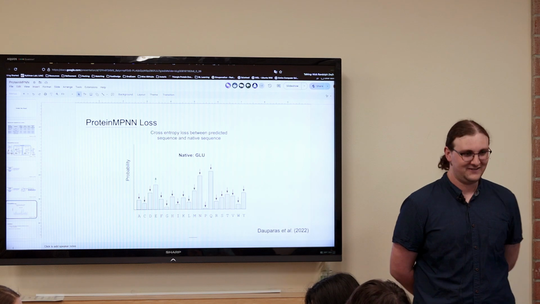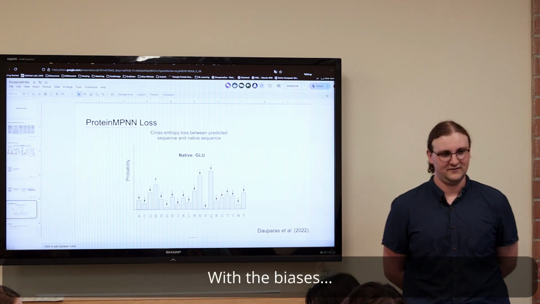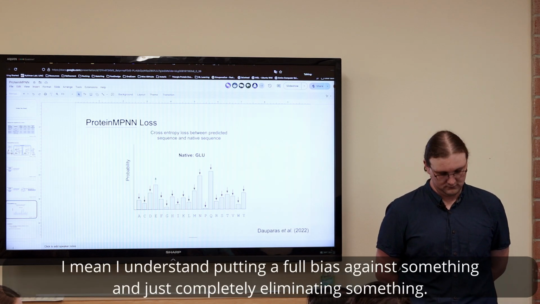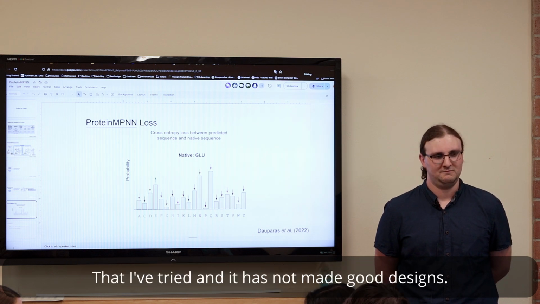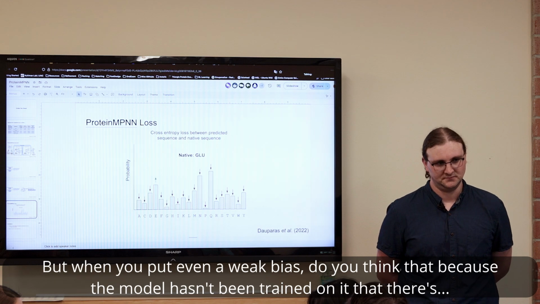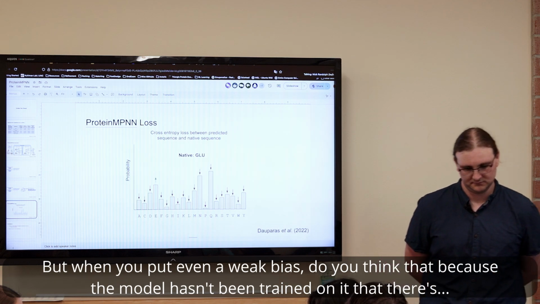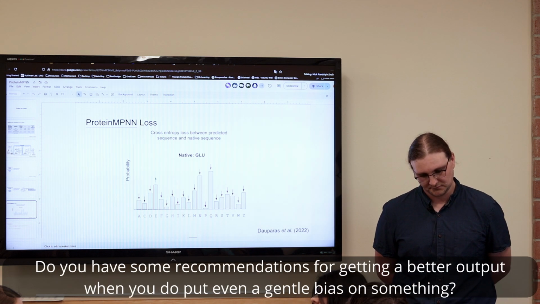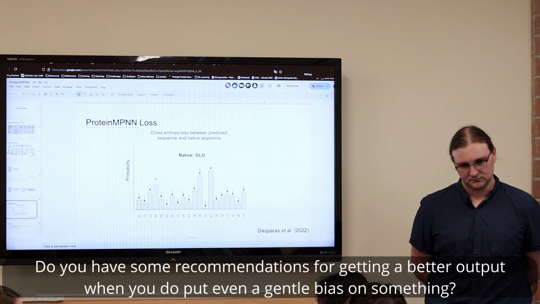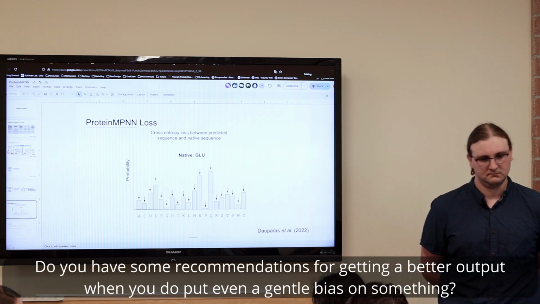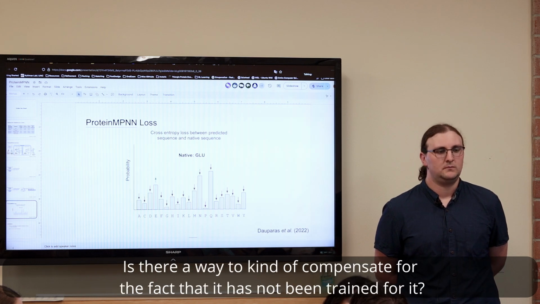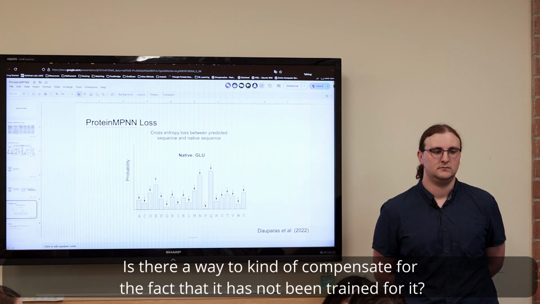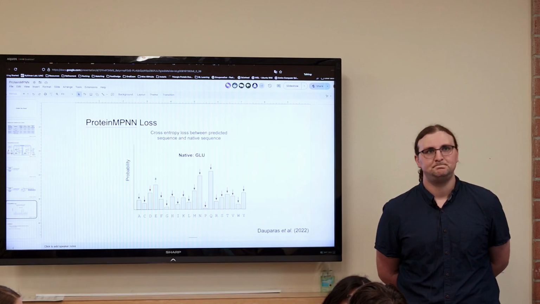My question was about the biases. I understand putting a full bias against something and completely eliminating it. I've tried that and it has not looked good in the designs. But when you put in a weak bias, because the model hasn't been trained on it, do you have recommendations for getting a better output, even with a gentle bias? Is there a way to compensate for the fact that it has not been trained with it?